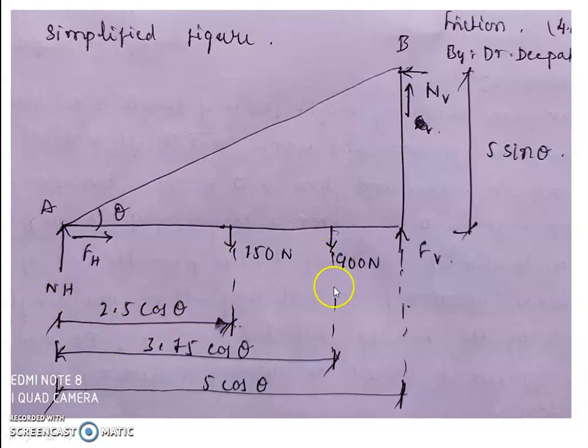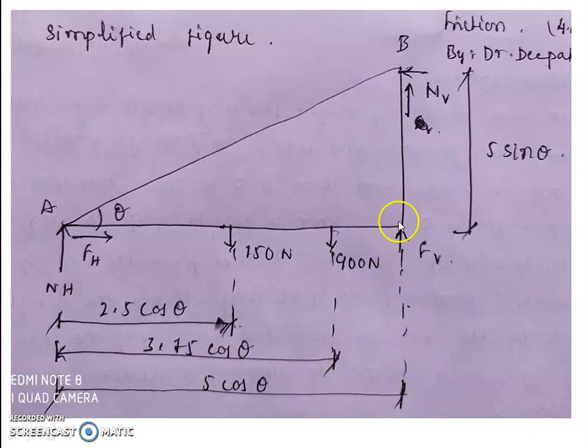900 is at a distance 3.75 cos theta, so it is also making a clockwise moment. So 900, the force or weight, multiplied by perpendicular distance 3.75 cos theta, is 900 multiplied by 3.75 cos theta, and it is also making clockwise movement, hence it is positive.